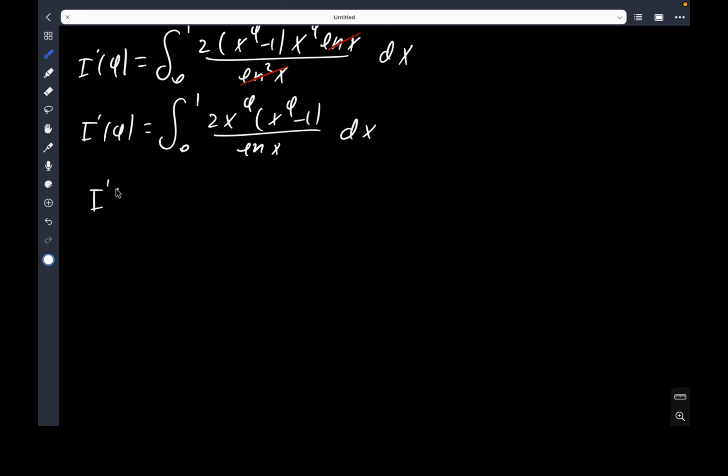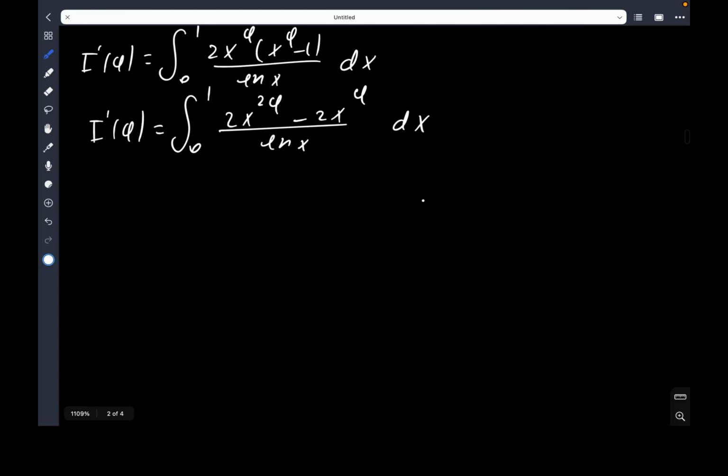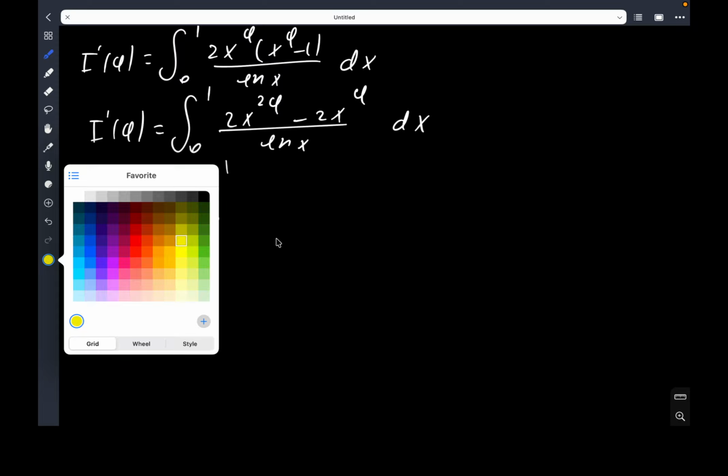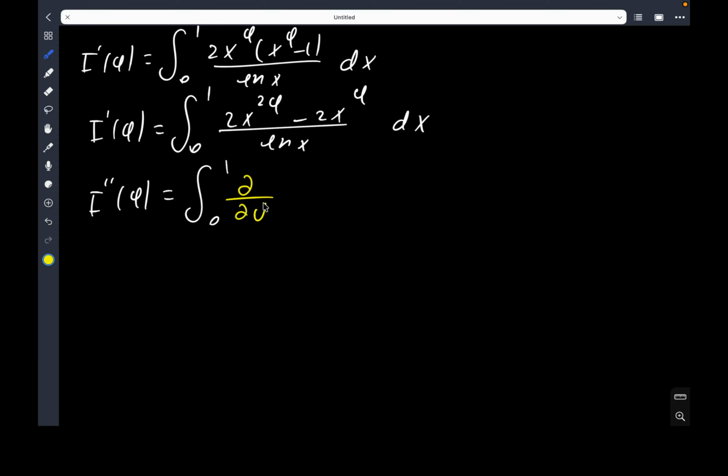Multiplying this by this yields the integral from 0 to 1 of (2x to the 2 phi minus 2x to the phi) over ln x dx. And if I take the derivative with respect to phi again, I'm going to have partial phi of (2x to the 2 phi minus 2x to the phi) over ln x dx.